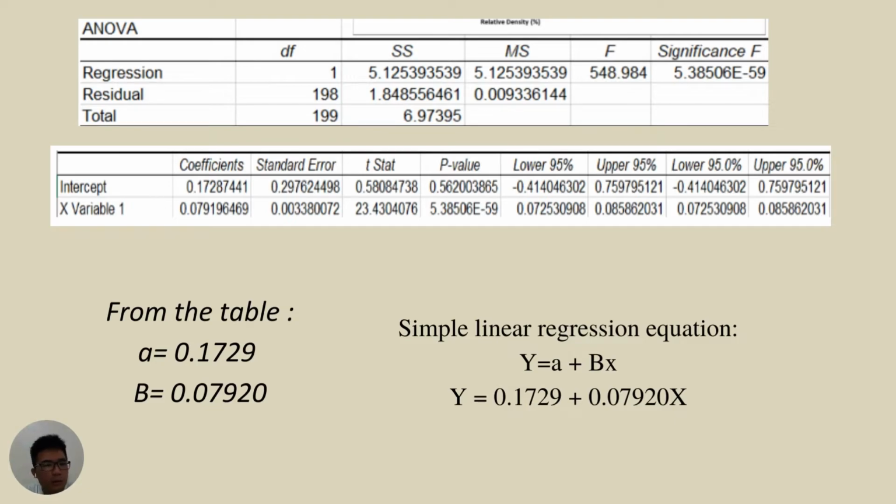From the table, we also get alpha equal to 0.1729 and beta equal to 0.07920. So we form the simple linear regression equation: Y equal to alpha plus beta x, Y equal to 0.1729 plus 0.07920 x.